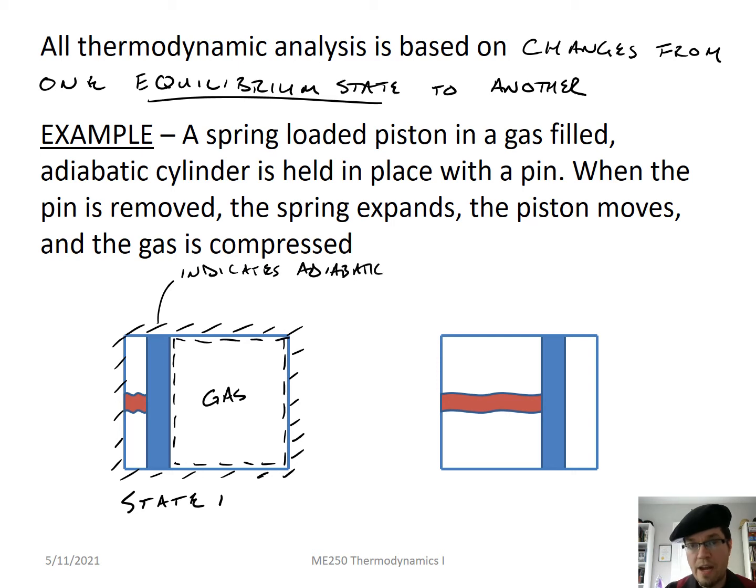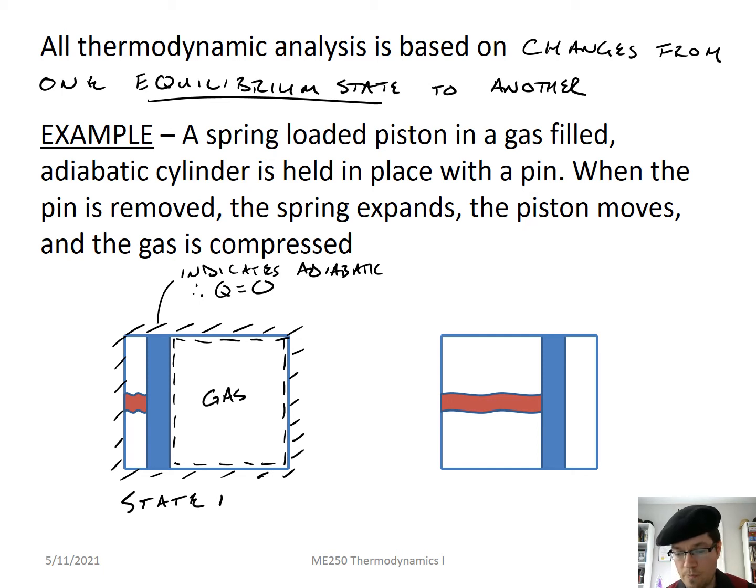And to remind you, adiabatic means there is no heat in or out of this system. It's very well insulated, or the change that we're talking about is going to happen so quickly that there's no time for heat transfer to occur. And as it says, we're holding the cylinder or the piston in place with a pin, and then we remove it.